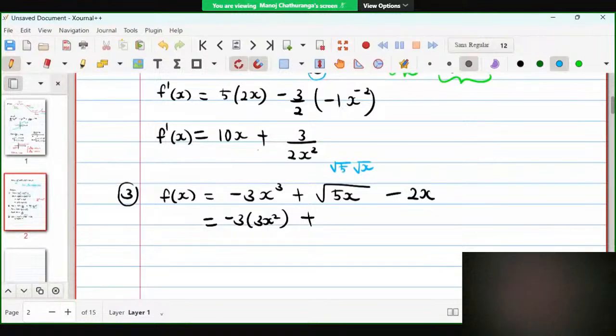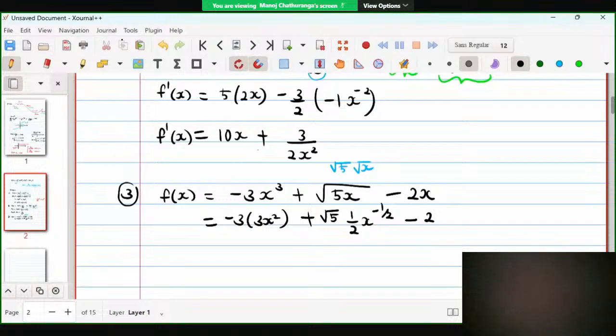Because now square root 5 is a constant in front, so keep that in front, differentiate square root of x. That is x to the power 1 half. So 1 half minus 1 is negative 1 half. Then keep the constant in front, differentiate x.